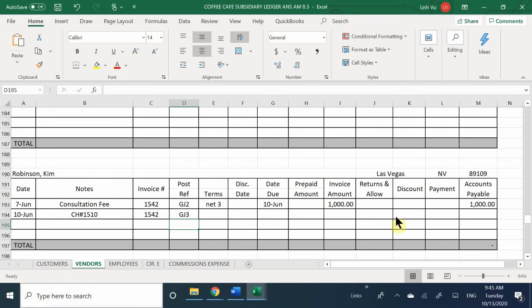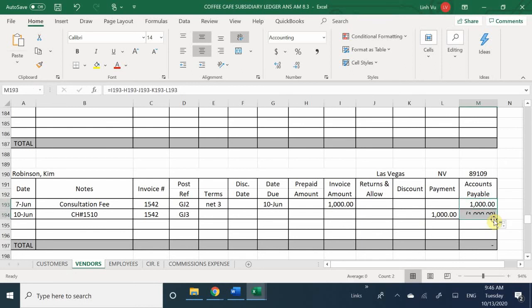So how this is going to work is I'm going to go ahead and just enter in that I made a payment. What you're going to do is drag down this formula, right? Remember how it's the invoice minus the prepaid amounts, the returns and allowances, the discount, and the payment.